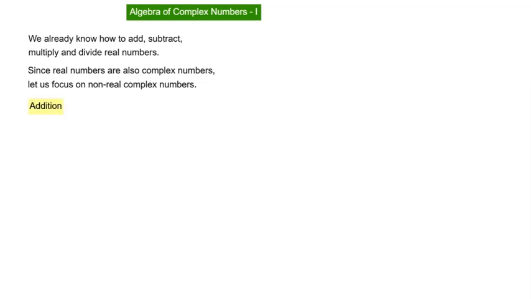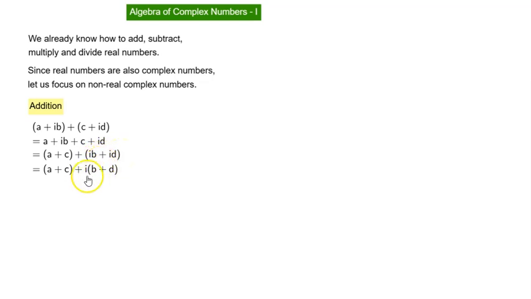Let's look at addition first. Let's take two complex numbers, a plus ib and c plus id, and add them. We open up the brackets: a plus ib plus c plus id. Grouping the like terms, we get a plus c plus ib plus id.